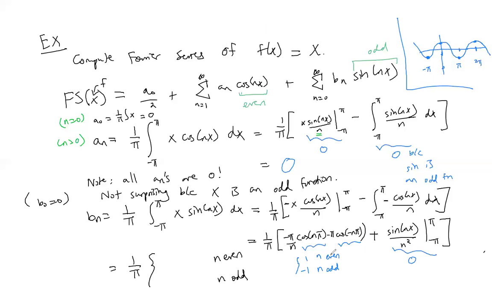So if n is even, you get negative pi minus pi, you get negative 2 pi over n. And if n is odd, this becomes a negative 1. And so you get a pi, and this becomes plus pi, so 2 pi over n.